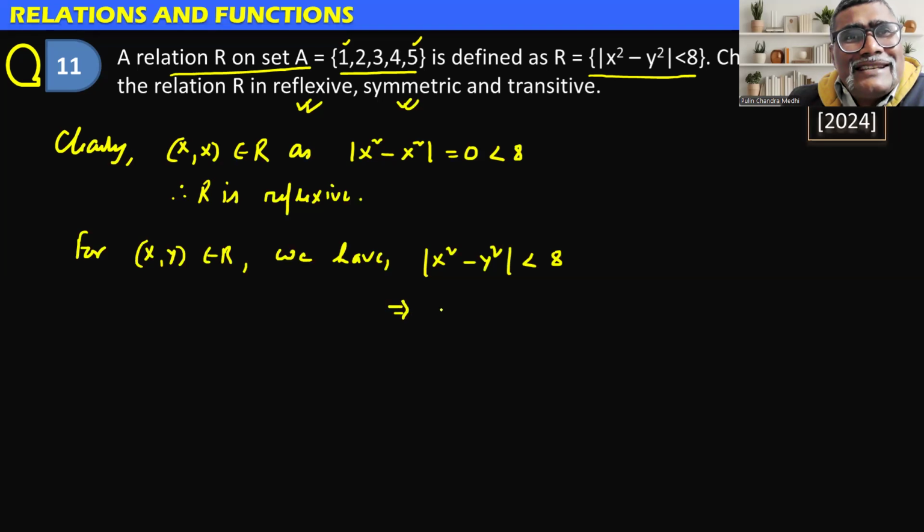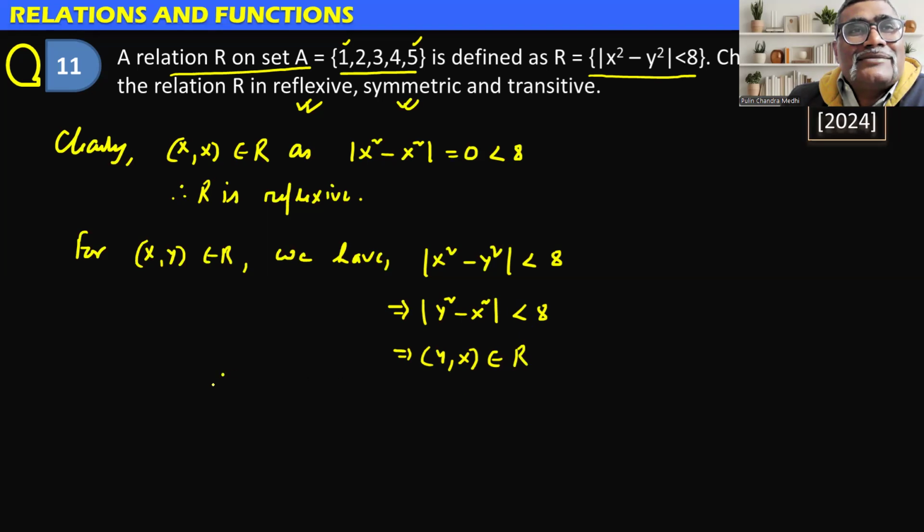Now you can see that inside the modulus, if you change the order, you make the number negative, but the magnitude will remain the same. That means for symmetricity it is true. So R is symmetric. Good. Now what is left out? Transitivity.